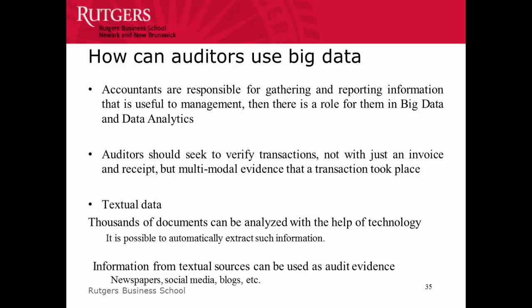In addition, information from textual sources can be used as audit evidence, for example, information in newspapers, on social media, and on blogs. Imagine there is a bad news story about an audit client in the Wall Street Journal, but the auditors fail to find that report, and then the client indeed has financial difficulty in the future.